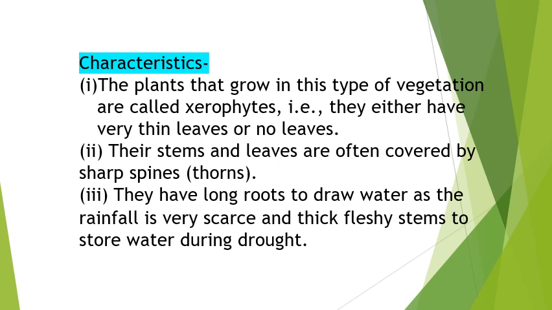So because the rainfall is very less, very scanty, they have very thin leaves or no leaves, so as to prevent loss of moisture by transpiration. Then their stems and leaves are often covered by sharp spines or thorns. This again is to conserve moisture. They have long roots so as to obtain water from underground sources, and they have thick fleshy stems to store water during drought, during the dry time.